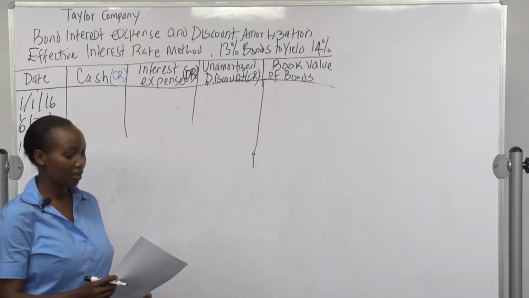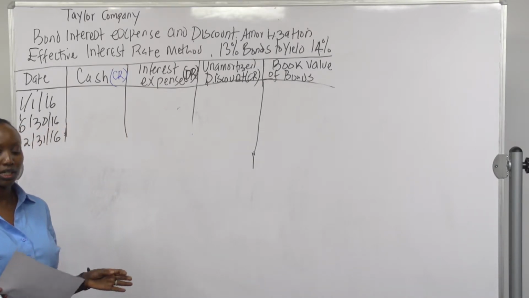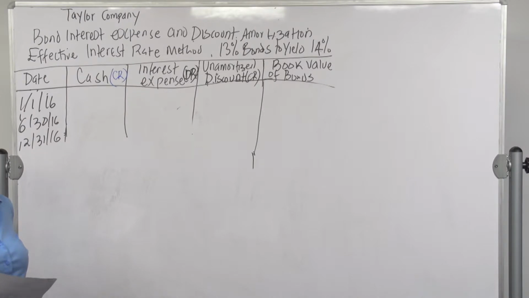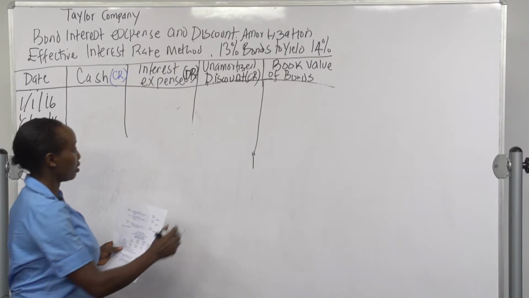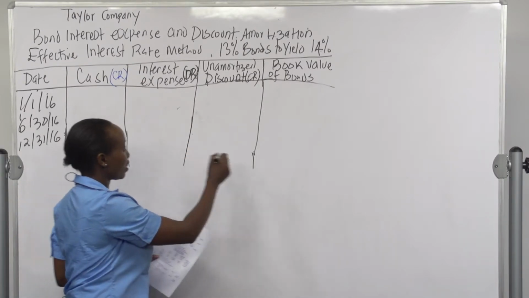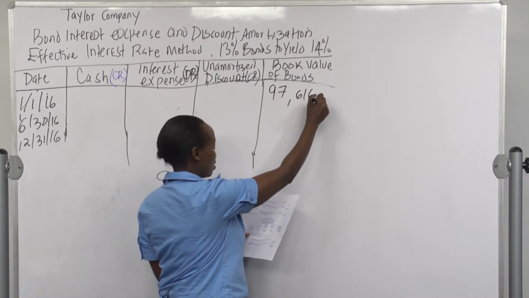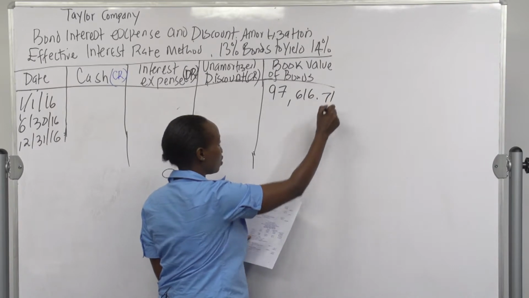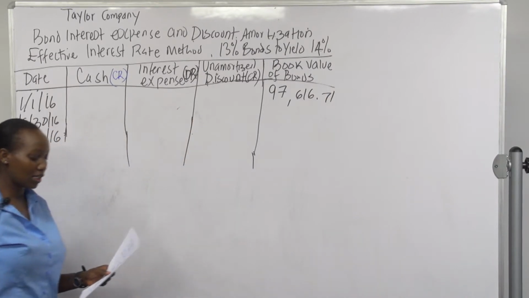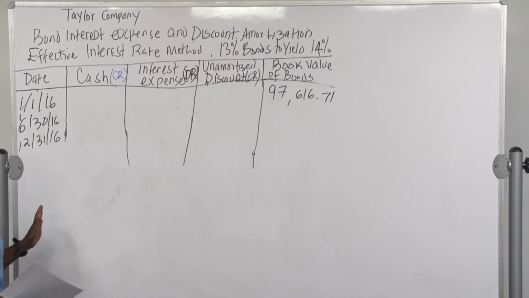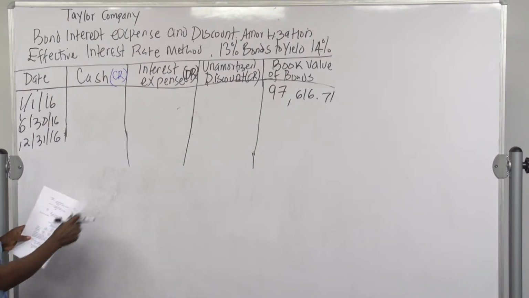Let's work on the alternative scenario where the bond is sold at $97,616.71, yielding 14%. So it's sold at a discount.